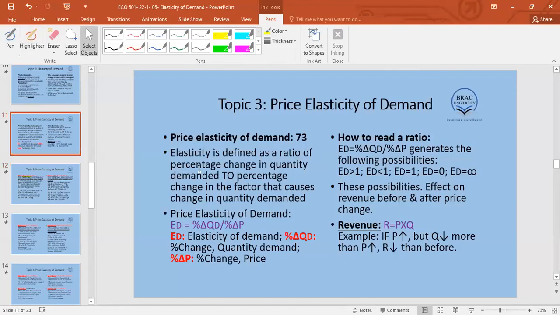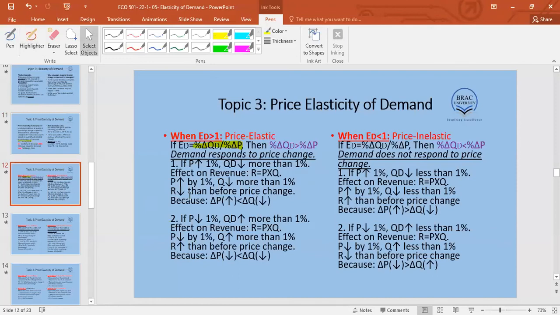We have defined elasticity of demand as this. So if elasticity of demand is greater than 1, তাহলে change in the demand response greater than the change in the price হবে না? Yes, sir. তাইলে এইটা উপরেরটা অবশ্যই নিচের চেয়ে বড় হবে, ঠিক আছে?